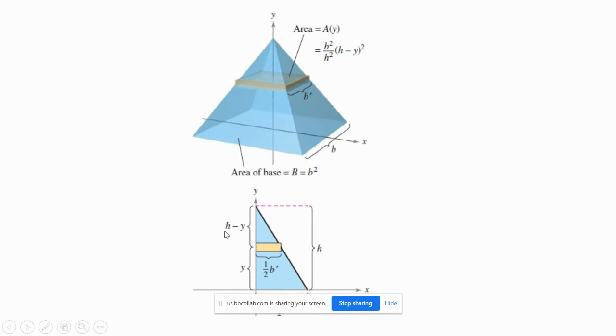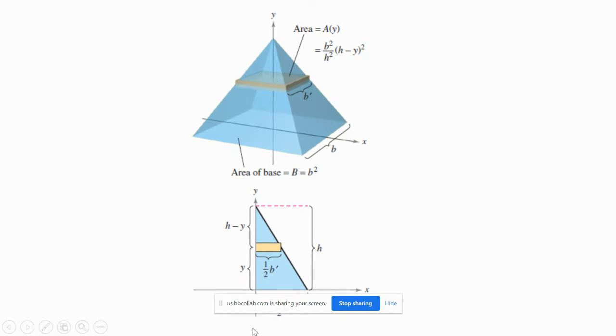If the height of the pyramid is h, then this part is h minus y. Using the formula for the area of a triangle again, the area of this rectangle, which is adding a couple of the triangles together, is going to be B squared over h squared times (h minus y) squared.